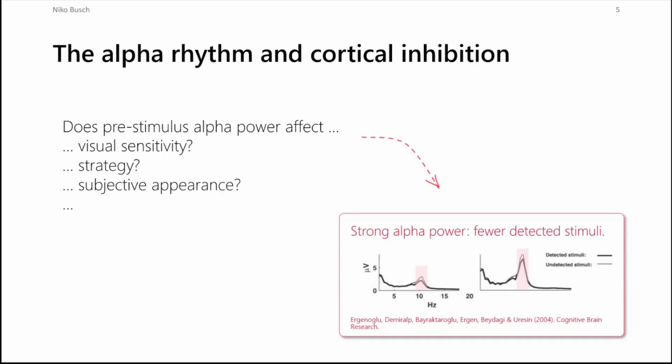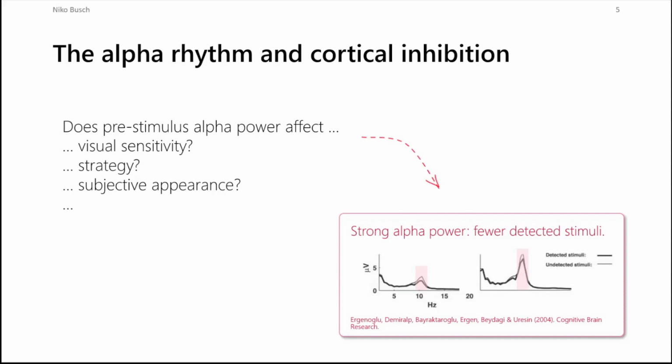For example, it could be that when ongoing pre-stimulus alpha power is strong, there's more physiological suppression or less excitability, then maybe that reduces visual sensitivity, which for me, sensitivity in the signal detection sense means it impairs your ability to discriminate signal from noise. And that's why you miss many of these stimuli.